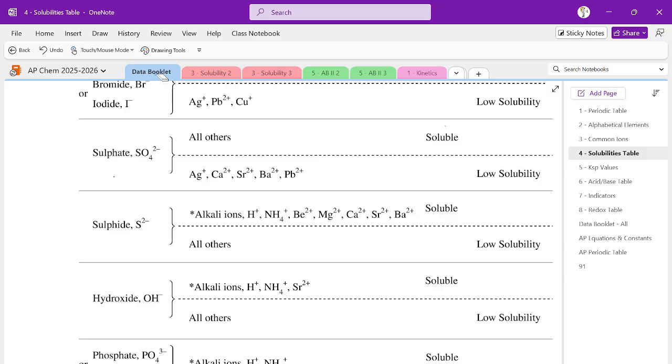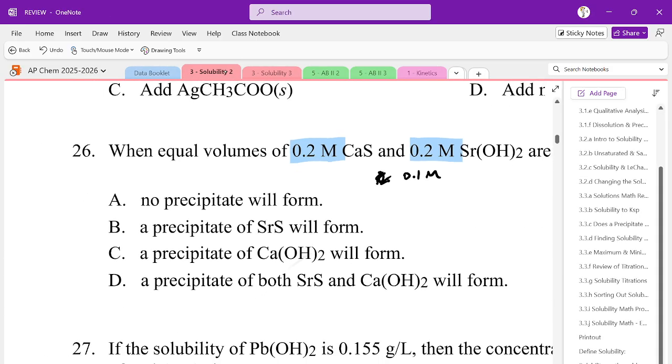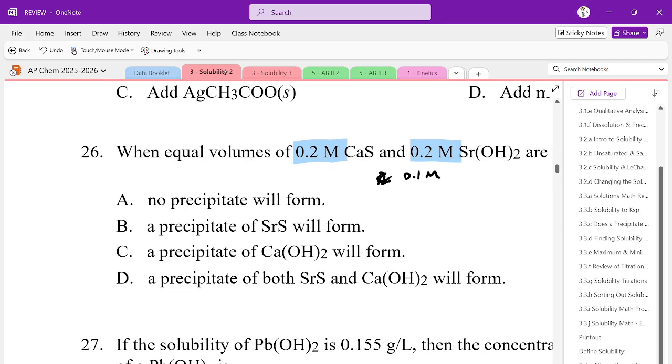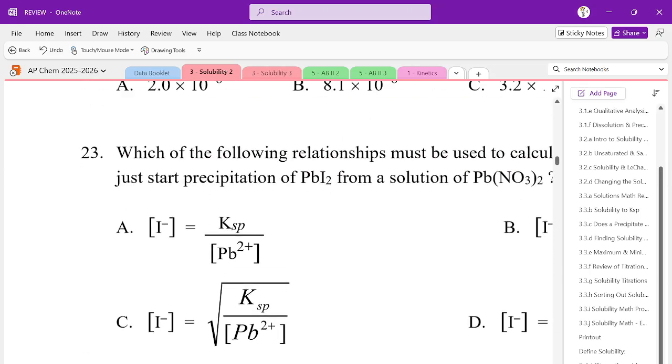So you would just look here and say, calcium with hydroxide would form a precipitate, and strontium with sulfide would not form a precipitate. So you would get C. Yes?